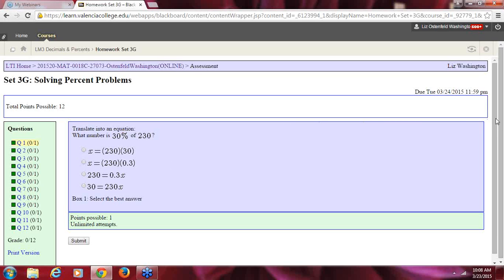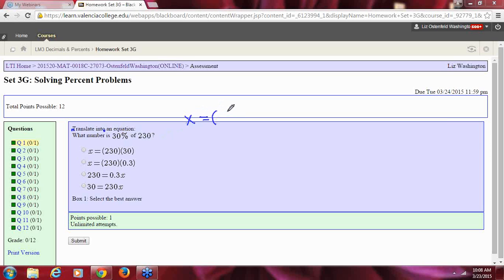Alright, let me just get my pen, change my color. Alright, so I'm going to start with this one, which is what number is 30% of 230? So what I would do is translate this into an equation, where the phrase what number is going to be my variable. The word is is going to be my equal sign.